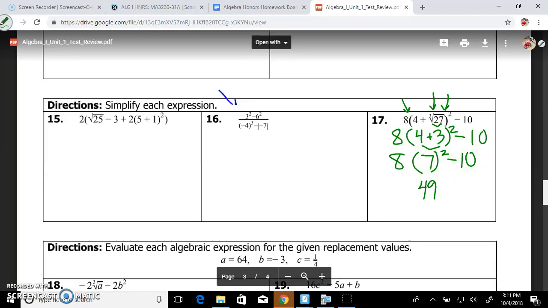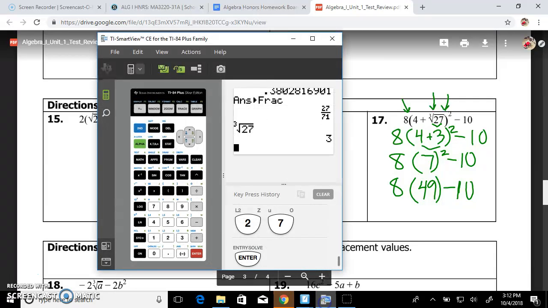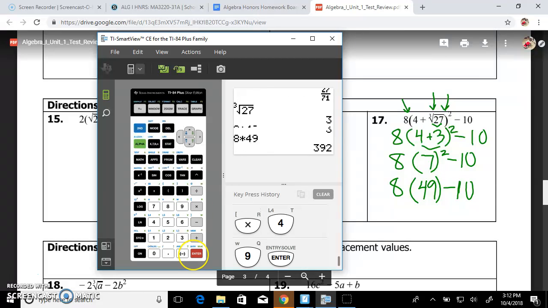That's 49. This is 8 times 49 minus 10. I definitely don't know what 8 times 49 is off the top of my head, so let's use our calculator. 8 times 49, and you get 392. Minus 10 for a final answer of 382.